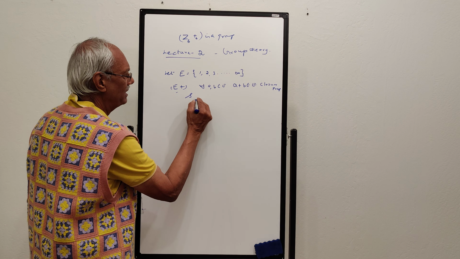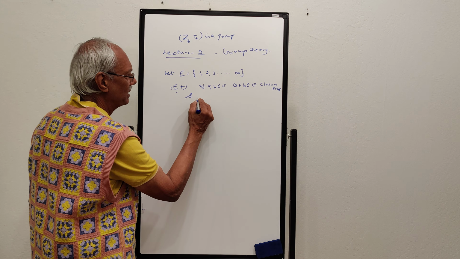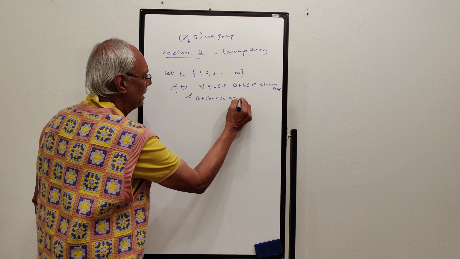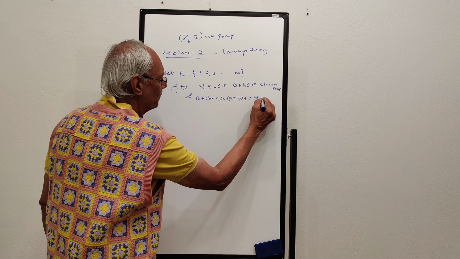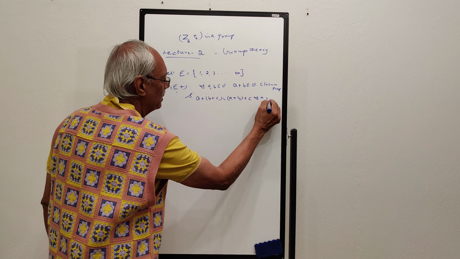And under addition, (a plus b) plus c will be equal to a plus (b plus c) for all a, b, c belonging to E. This is the associative property.